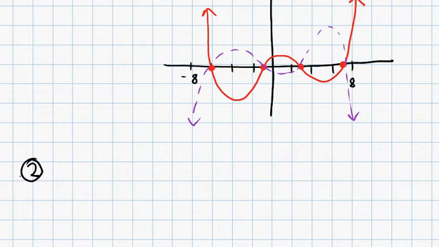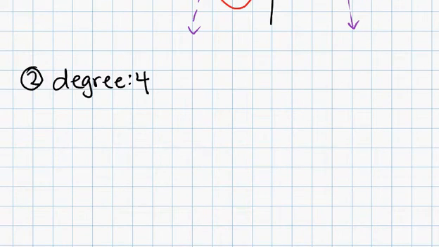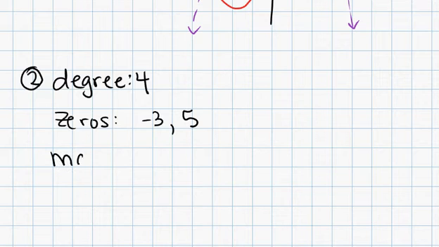So let's try again. Our new graph has degree of 4. The only zeros our graph is allowed to have are -3 and 5. And we have been informed that there's a maximum at 2.